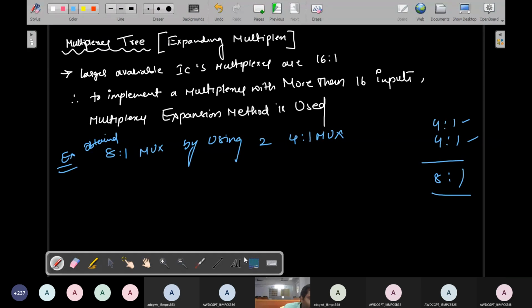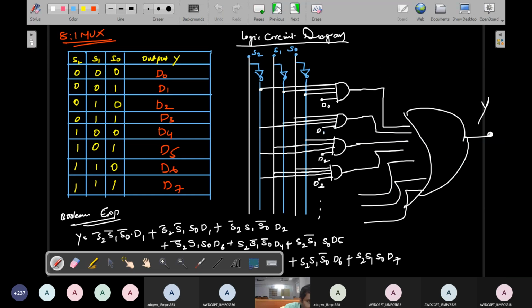Please note everybody, I'll draw the circuit diagram; this is the best example. Finally, I am using these two 4:1 multiplexers, but I obtain 8:1 performance. See, previously we saw how 8:1 is performed with a single IC.